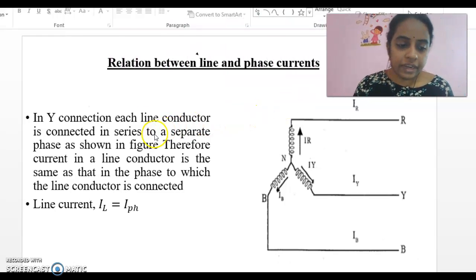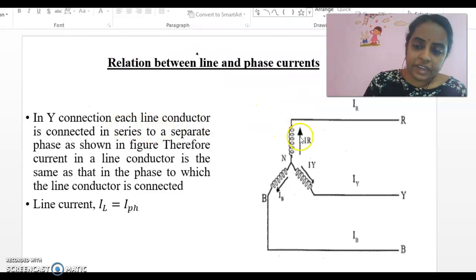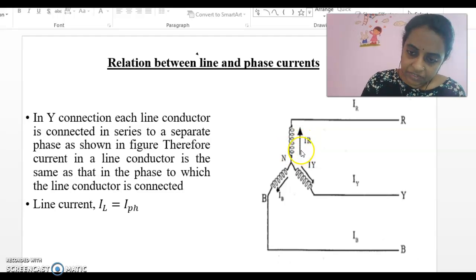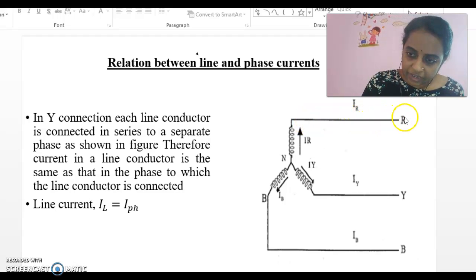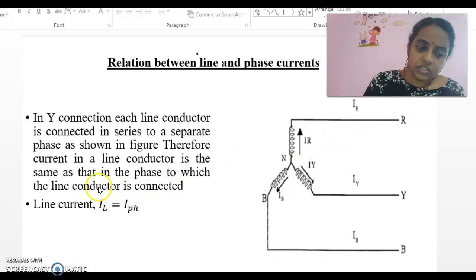Similarly, the relationship between line current and phase current. This is the current through the phase, IR, and this is the current through the line, IR. From this it is clear that line current and phase current are the same current flowing through line and phase. So in the case of a star-connected system, line current is equal to phase current.